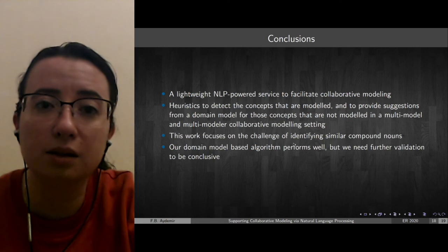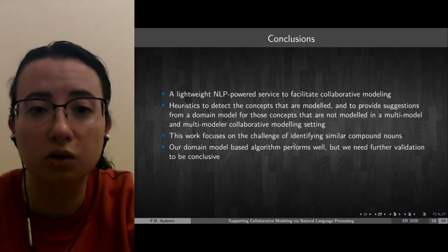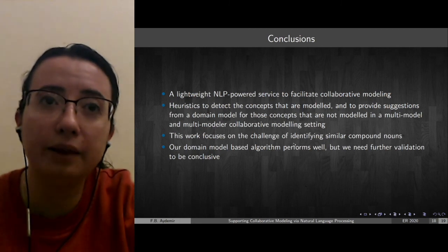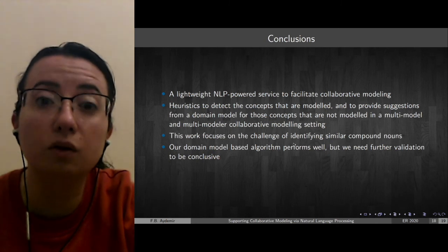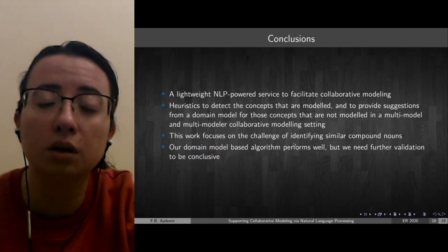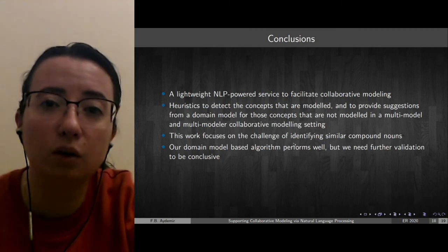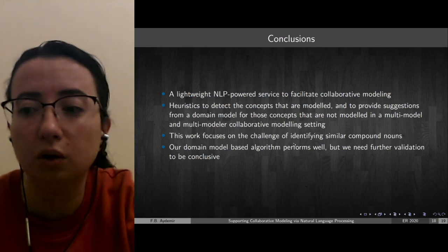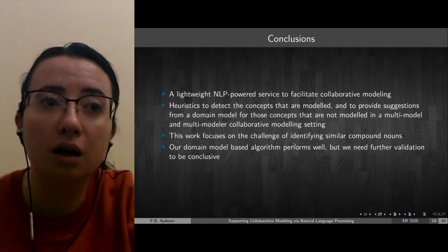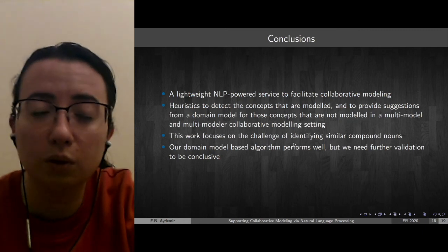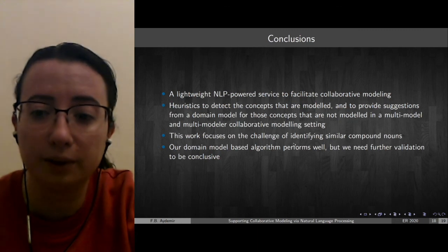We applied different heuristics for matching, for filtering, and for deciding on suggestions. For this work, we observed the challenge of finding similarity of compound nouns and worked towards calculating the similarity of them, and our focus was only on two-word compounds. Obviously there are longer compounds with three or four words, so that also requires some attention from the research community.